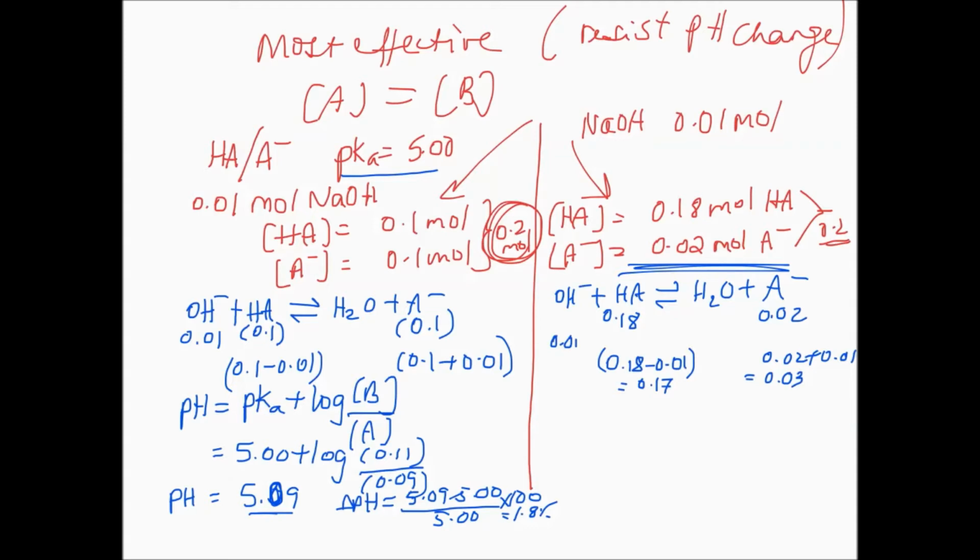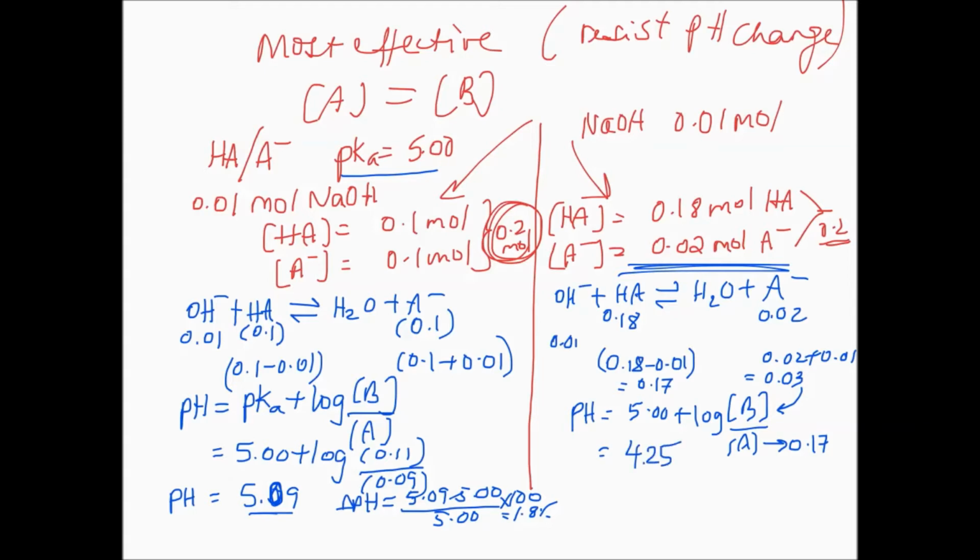And so now if you use the Henderson-Hasselbalch again, you're going to get base over the acid, and when you plug in the numbers, 0.03 for the base, 0.17 for the acid, it comes out to be 4.25.